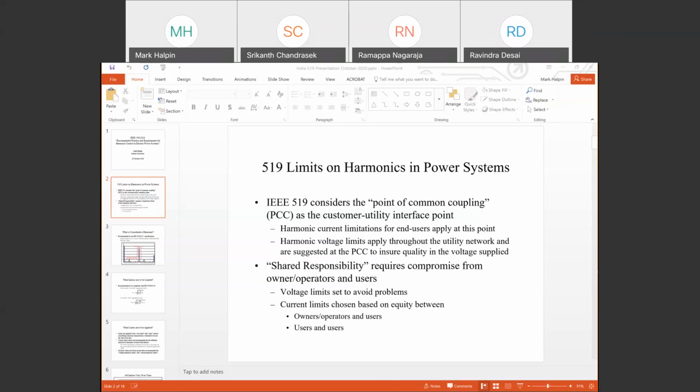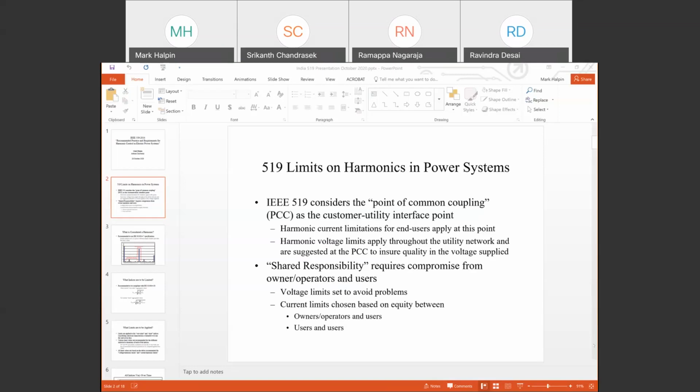As you probably well know, in 519, we have both harmonic current limits and harmonic voltage limits. The harmonic current limits are for the users, and the harmonic voltage limits are for the supplying utility. The philosophy behind 519 is what we call a shared responsibility philosophy. We try, from the utility perspective, to adhere to the voltage limits as a form of quality control.